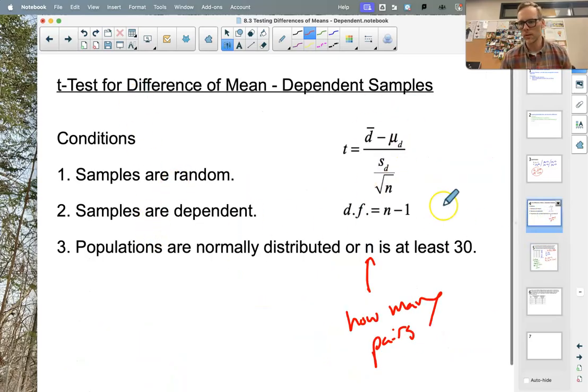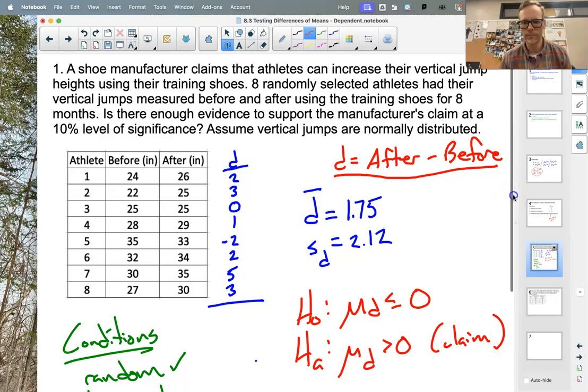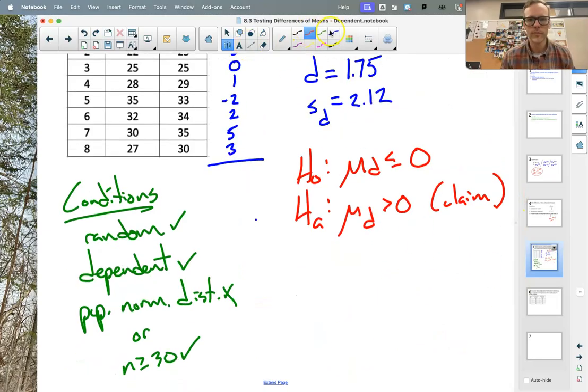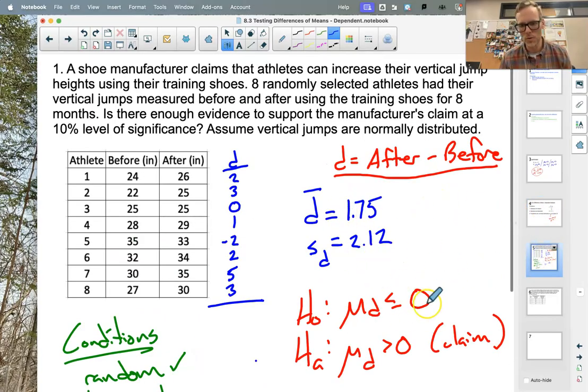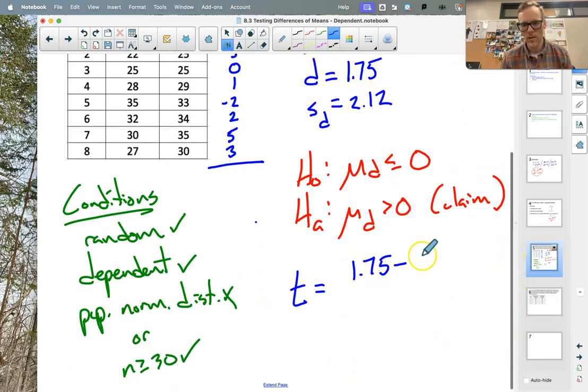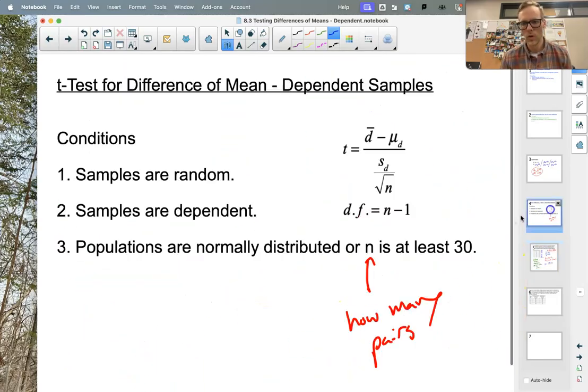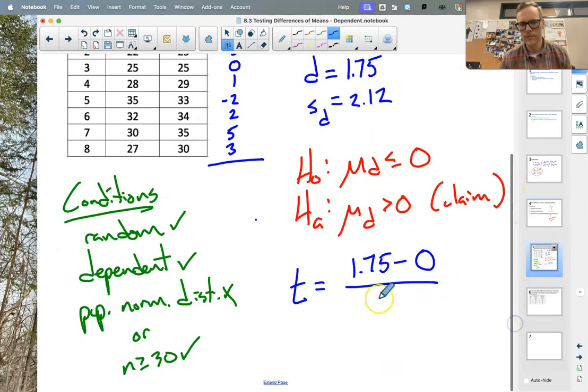Conditions are met. Let's calculate our t-score. D-bar minus the mean of all the differences. Remember, we assume the null is true, so that mean is 0, over the standard deviation of our differences, 2.12, over the square root of n, 8.